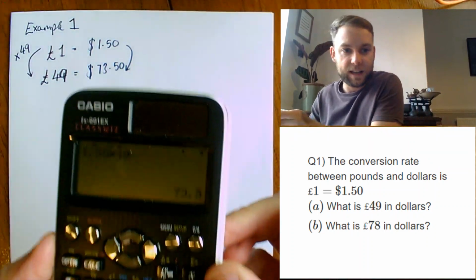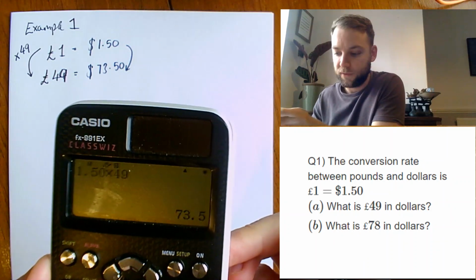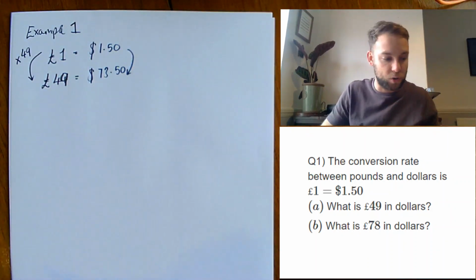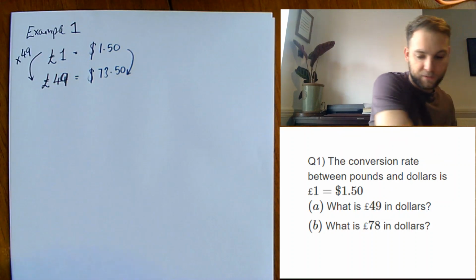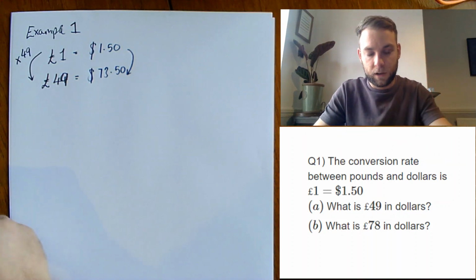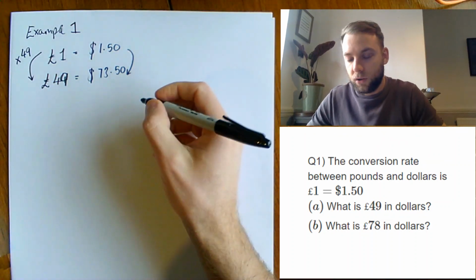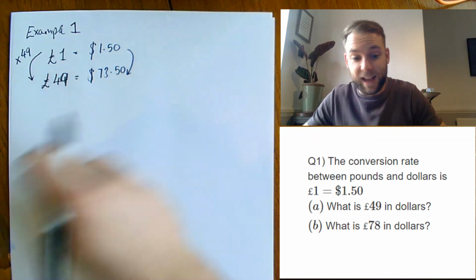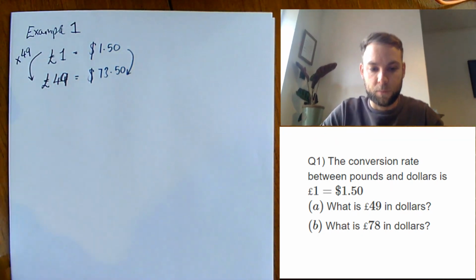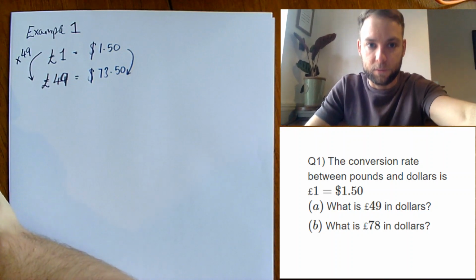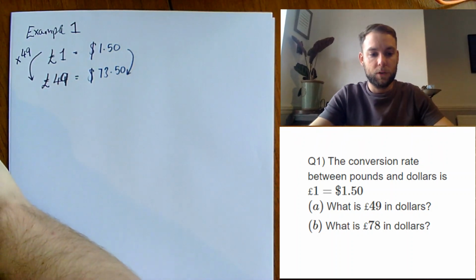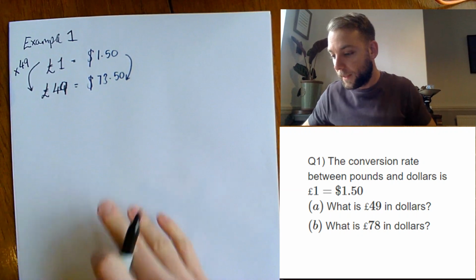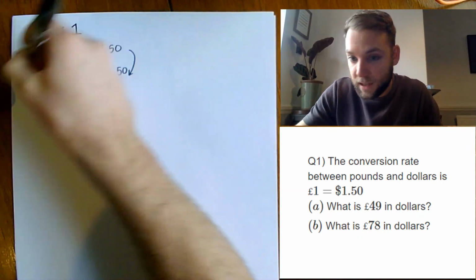Notice that it says 73.5 on there. We know that dollars have two decimal places because you've got cents after the dollars, don't you? And that's the first question done. So that's part A done.